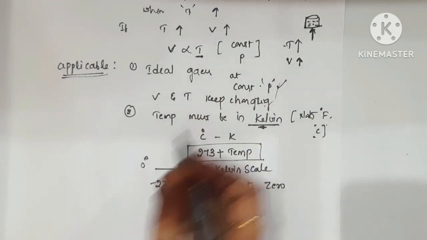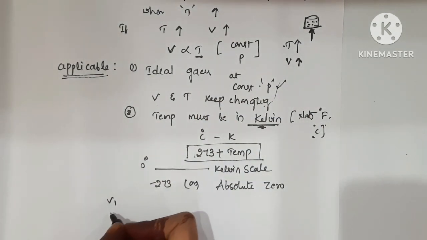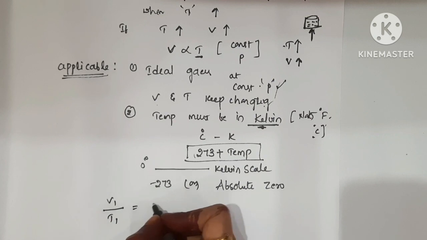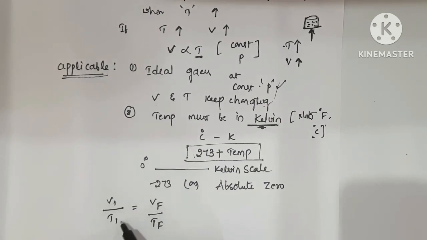V1 and T1 are the initial volume and initial temperature. V2 and T2 mean final volume and final temperature, right?